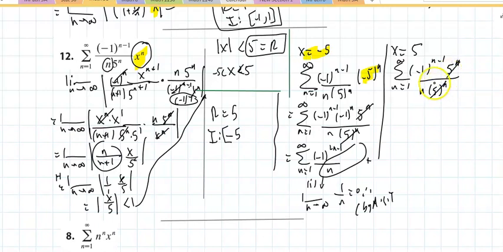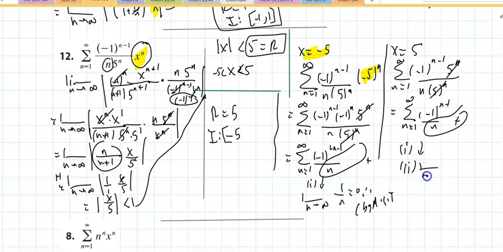Those cancel out, and that's pretty much the series n equal 1 to infinity of the same. Okay, well, let me test. That's positive, decreasing, and the limit as n approaches infinity of 1 over n equals 0, therefore converge by alternating series test.